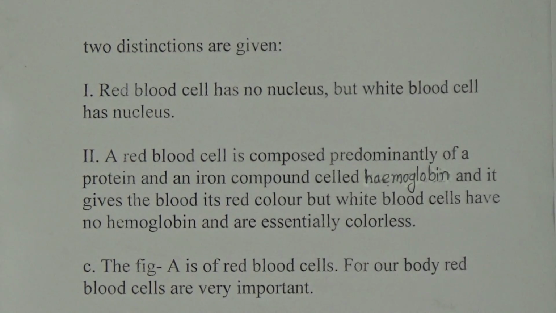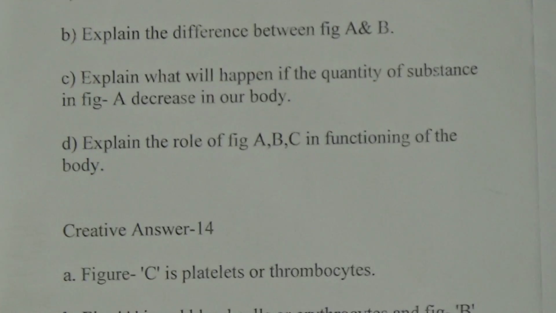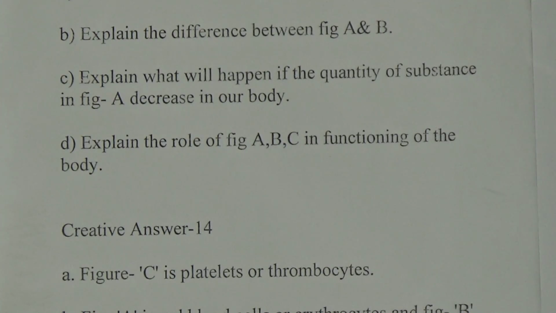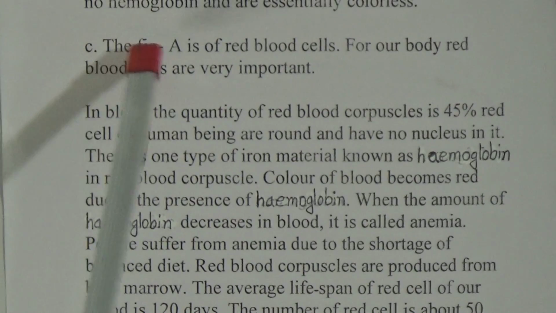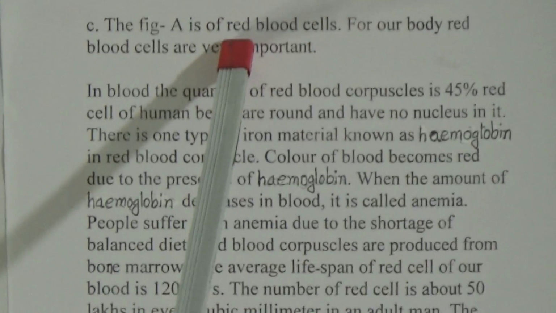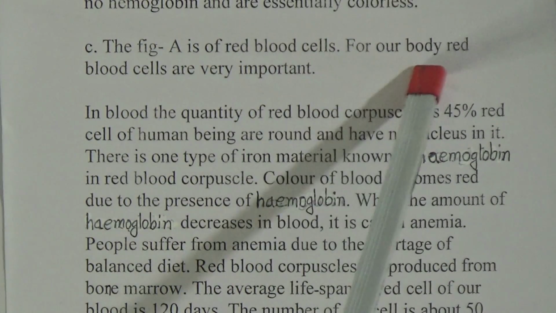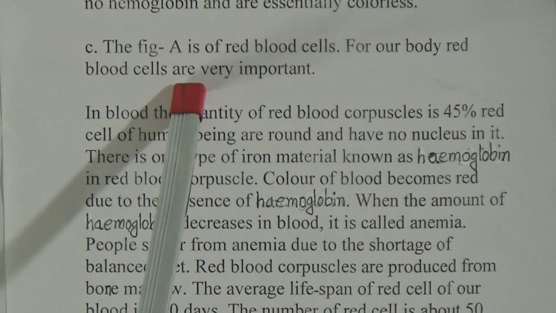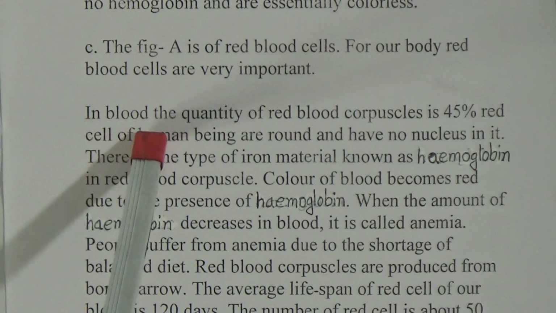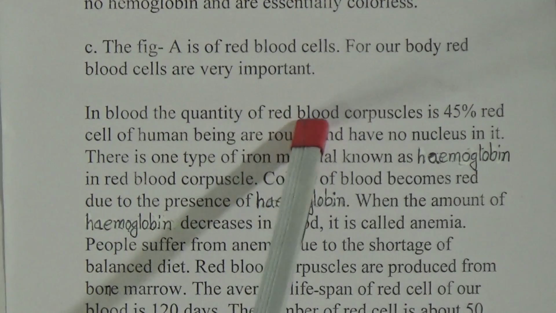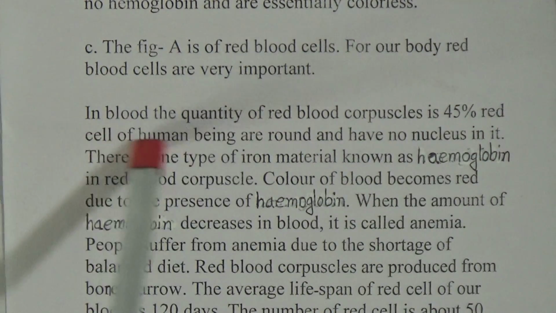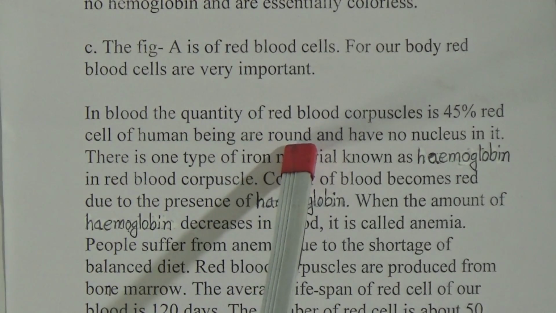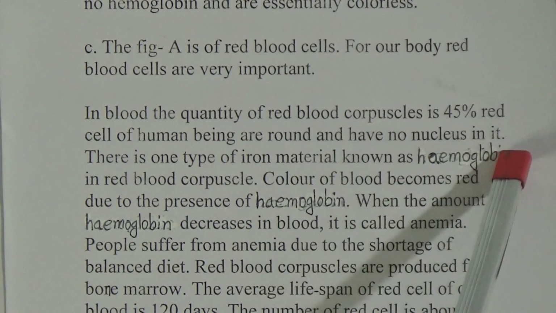Now C number answer. Our C number question was, explain what will happen if the quantity of substance in figure A decreases in our body. Answer is, figure A is of red blood cells. For our body, red blood cells are very important. In blood, the quantity of red blood corpuscles is 45%, and human red cells have no nucleus in them.